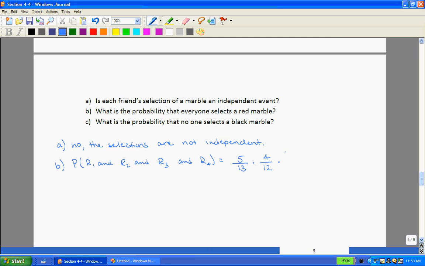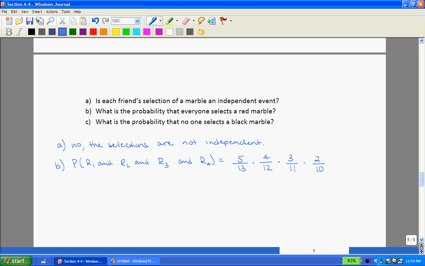The first person has a red marble and kept it. The second person has, or we're assuming has, a red marble and kept it. Now how many marbles do they have to choose from altogether? Only 11. And if we're assuming that those first 2 people have red marbles, now there are only 3 red marbles to choose from. If you get the hang of the pattern now, the fourth person only has 10 marbles to choose from altogether, and of the red, there's only 2 left.